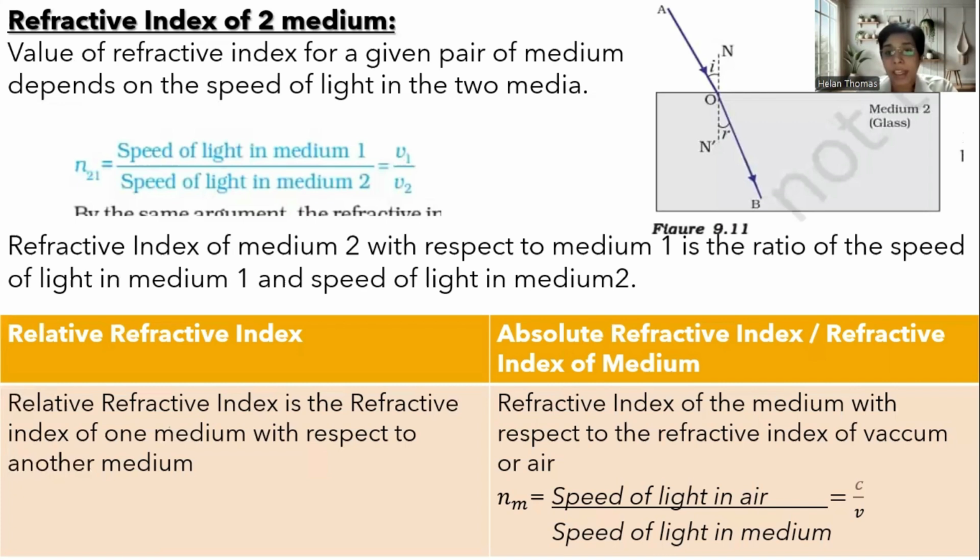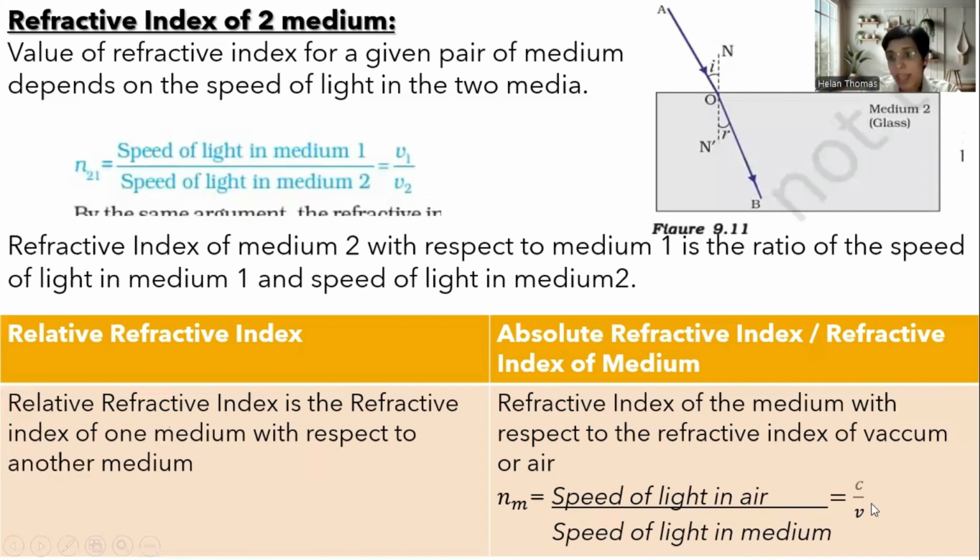So the refractive index of a particular medium is the ratio of the speed of light in air or vacuum, which is c, to the speed of light in that particular medium.